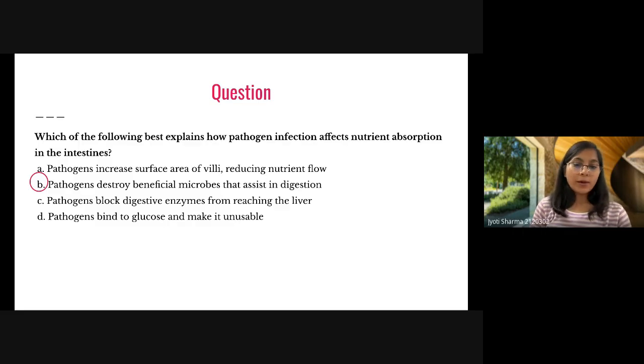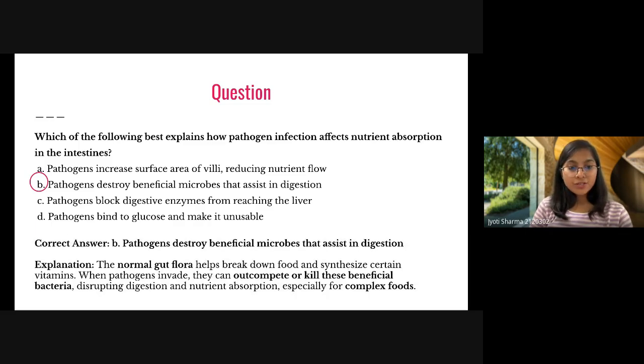That's why whenever you have any kind of infection due to pathogen, it will destroy your good bacteria or microbes in your stomach, in the intestine, that help us in the digestion. So this is how any infection will affect nutrient absorption in the intestine.